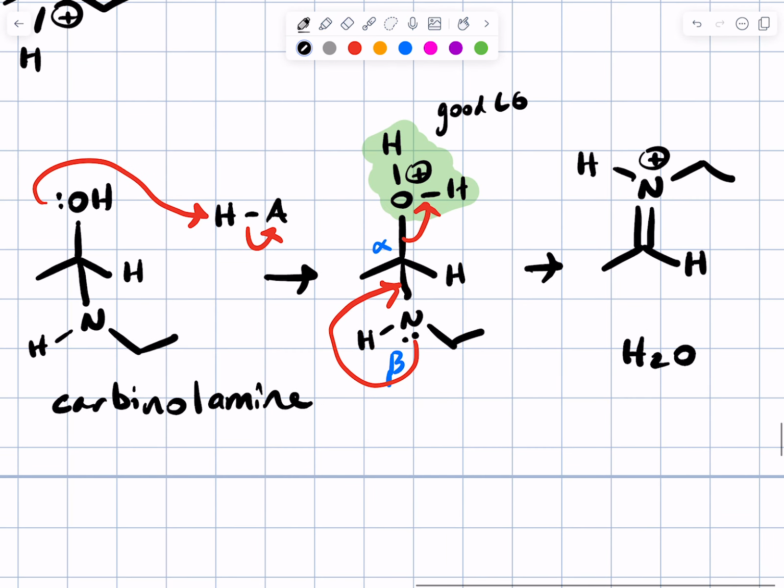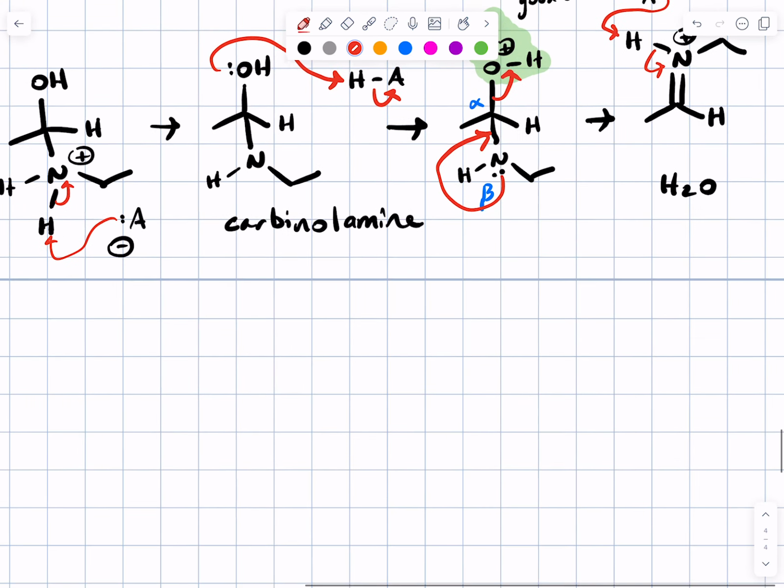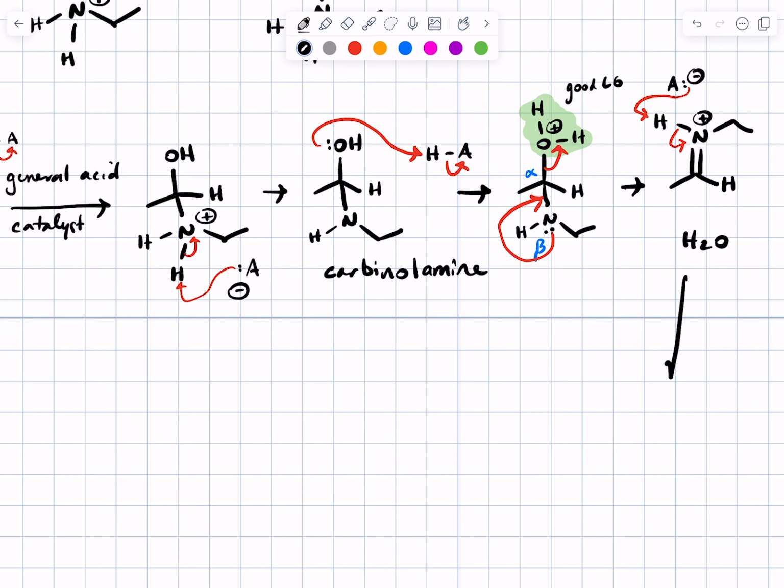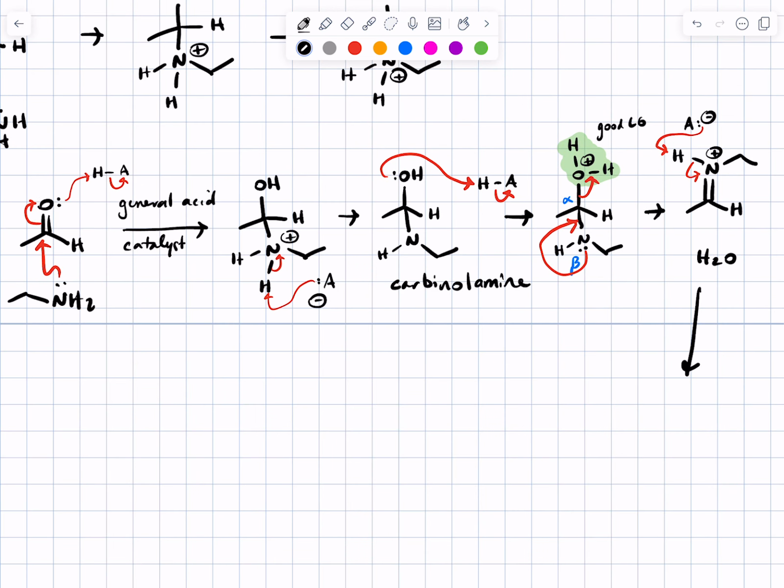And at this stage, we're going to regenerate our acid catalyst by taking the conjugate base of our acid and removing the proton from the nitrogen, restoring our acid and giving us this product, which is called an imine.